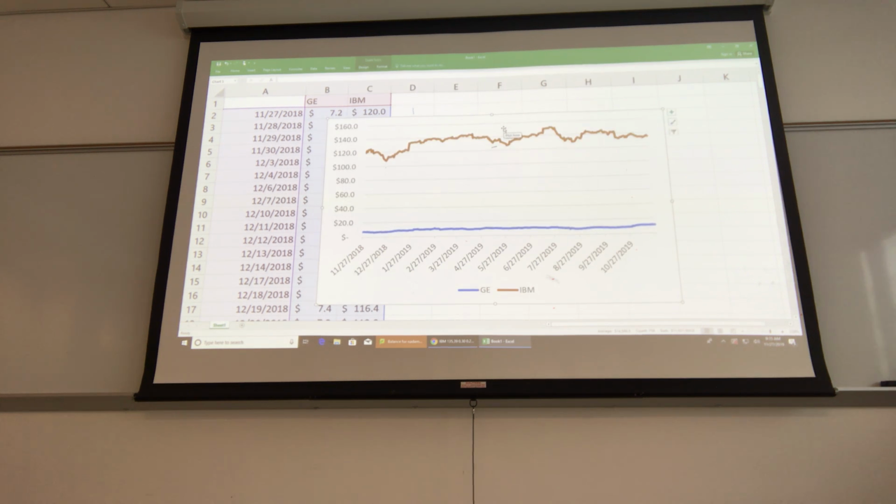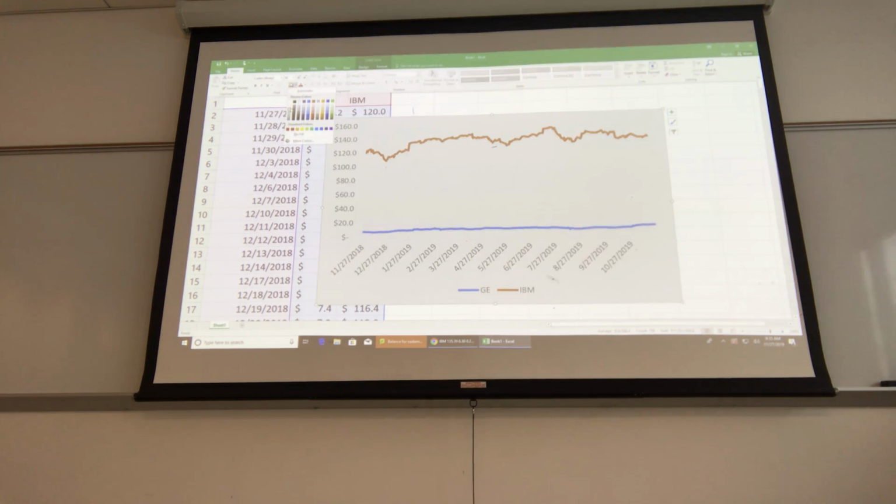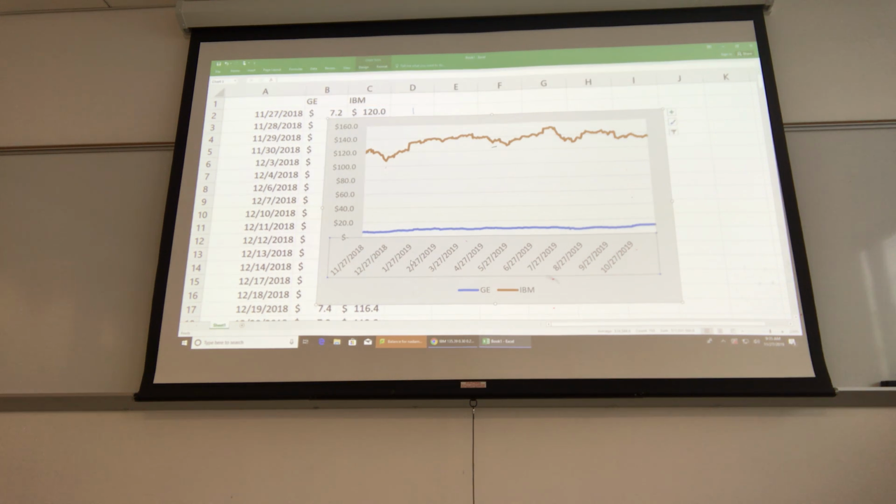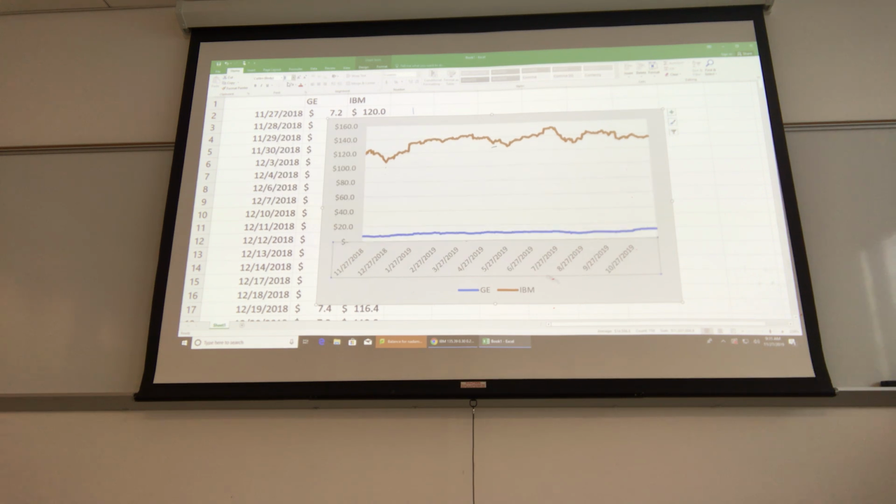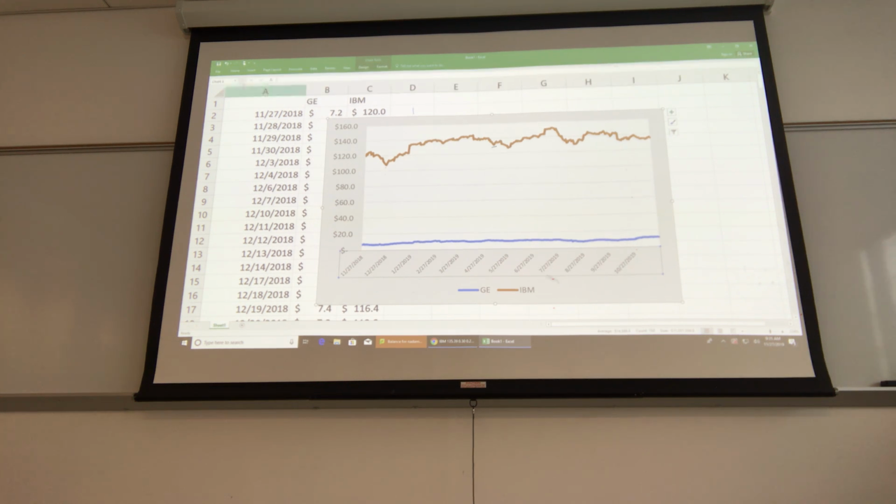I need to see how these two are changing. You have a professor who is picky. He wants his graph to be with color. Don't give me extremely crazy color. I want this to be small. I want this to be formatted.